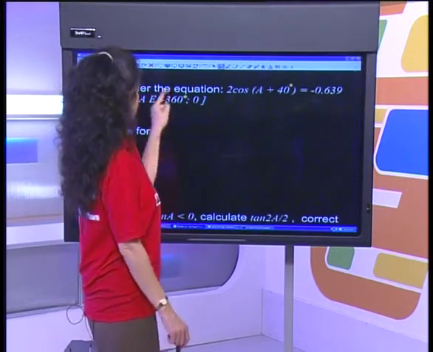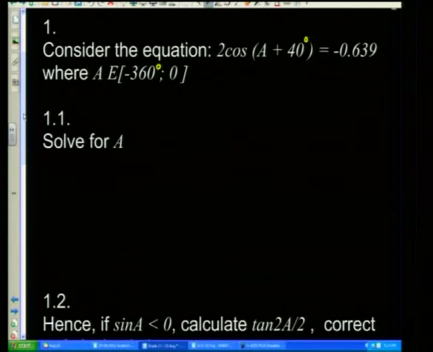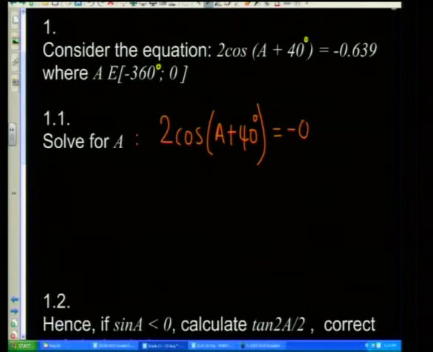Even though we're given this domain, we will not use it straight away. We will first find the general solution of 2 cos(A + 40°) = -0,639.